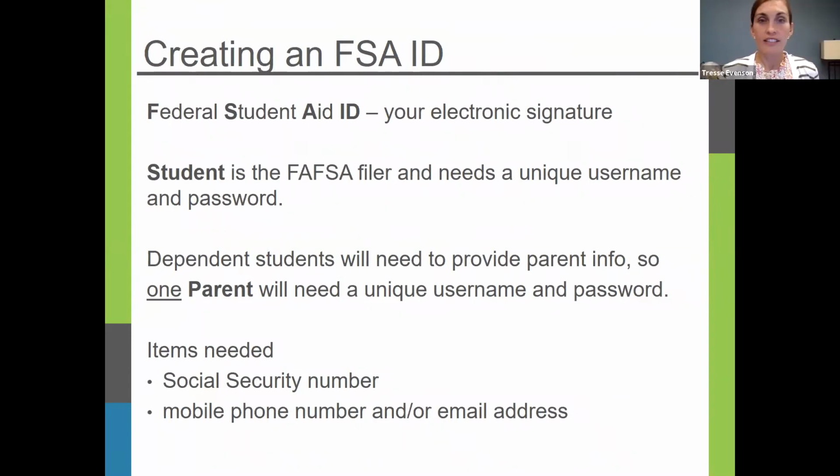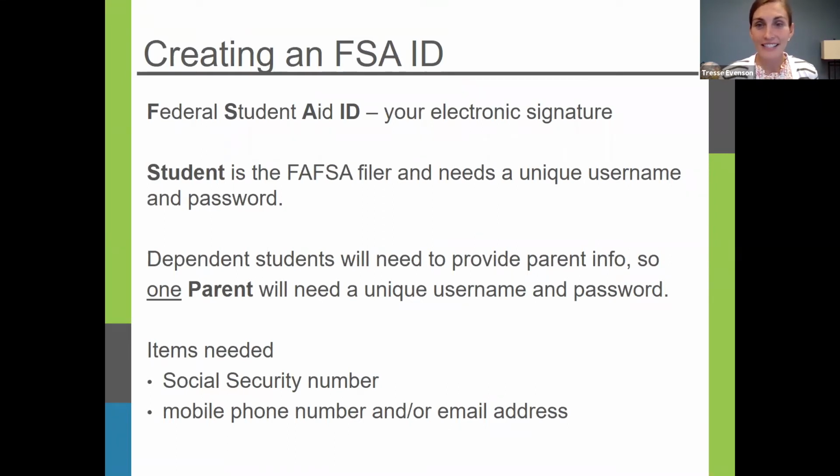The first step to filing the FAFSA is, in our experience, the trickiest. And it's surprisingly the trickiest because it's just creating what's called a federal student aid ID. It's that username and password combination that gives your student and yourself as a parent access to the FAFSA.